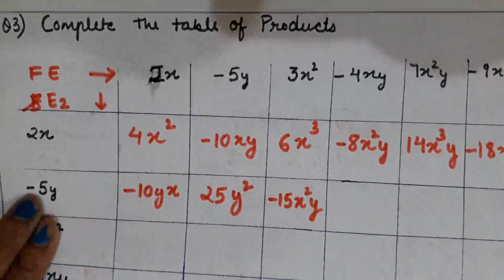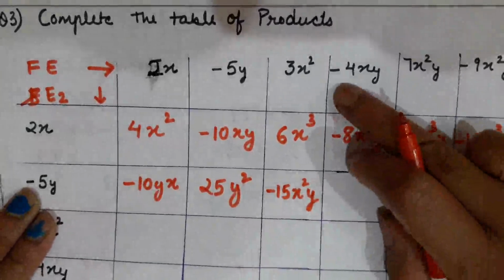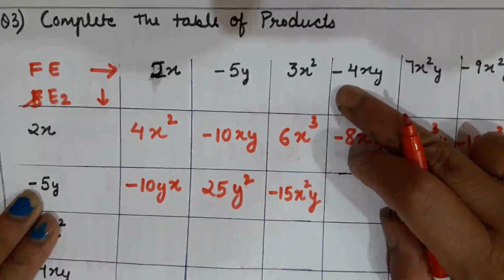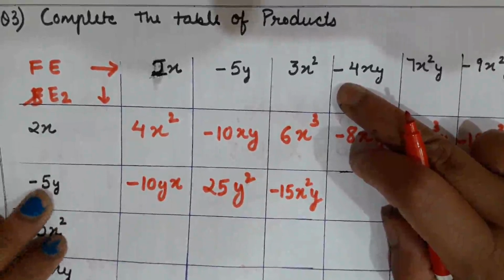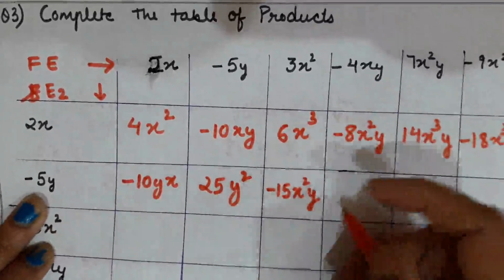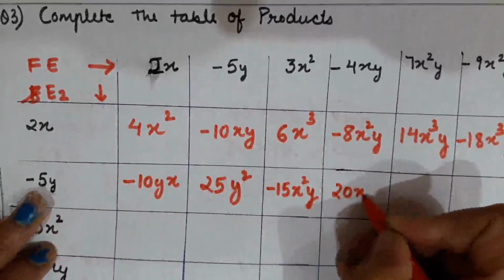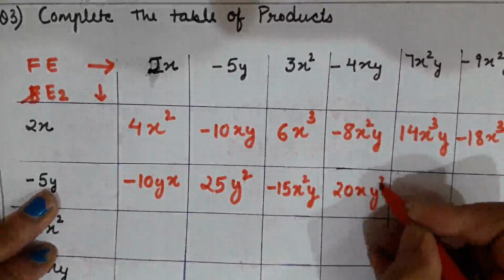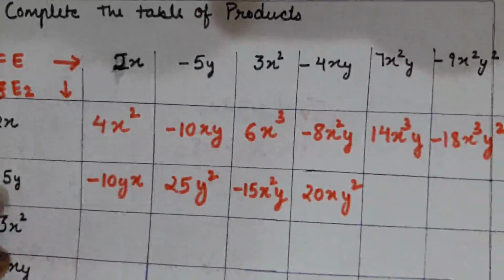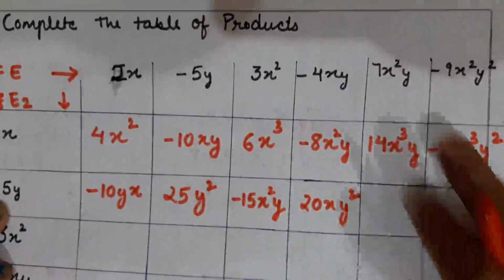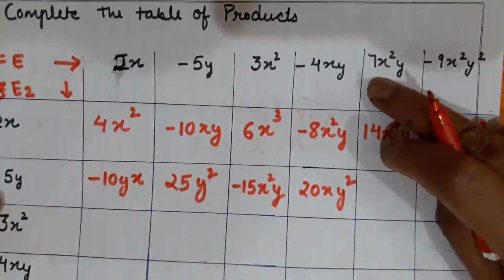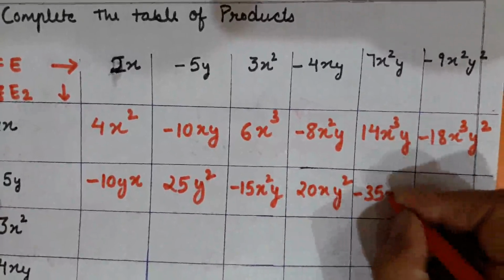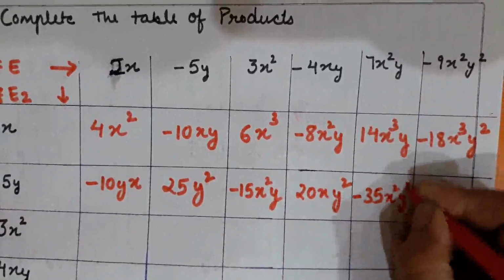Okay, now minus 5 and minus 4, minus minus, you are going to have a positive term. 5 into 4 is 20, and x, and here is y, here is also y, so you can write y square. Okay, now minus 5y with 7x square. 5 into 7 is 35 with minus x square y square.